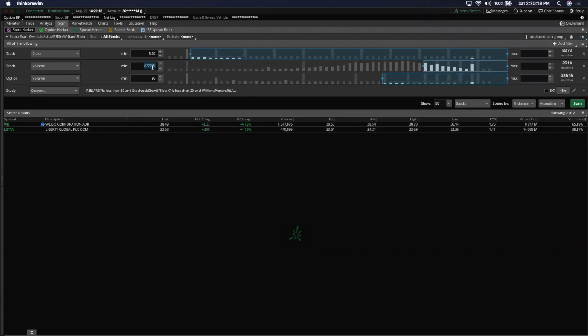The reason being, a lot of stocks can be oversold, but I'm only looking for the ones which are very highly traded, because those usually, when they are oversold, try to come back to the mean, and that's where the interesting action is. Similarly, option volume is higher than the previous one because I'm interested in the ones which are very, very liquid.